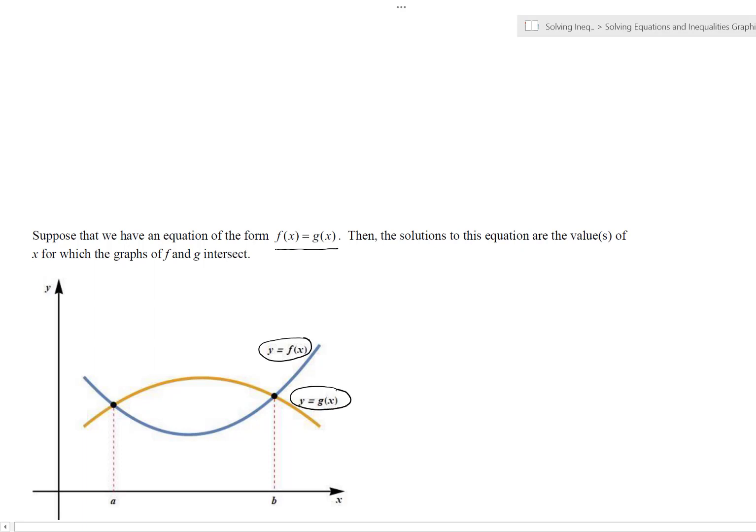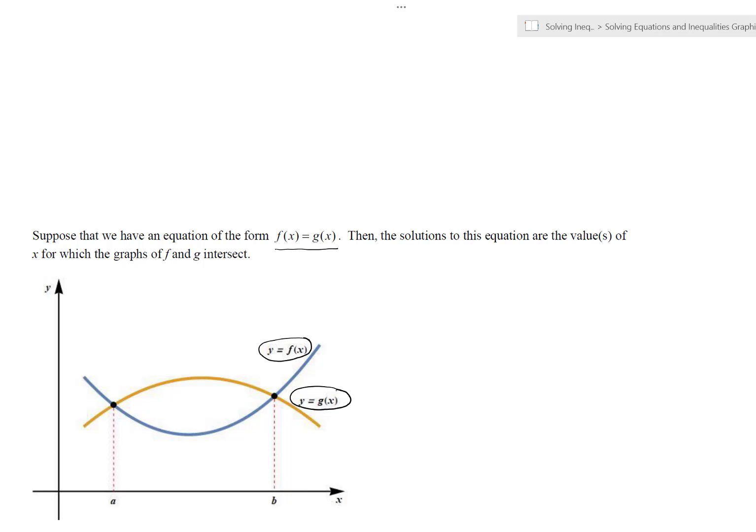So, we could solve this equation by graphing each side of the equation as its own function of x, and then finding where both of these functions have the same output.